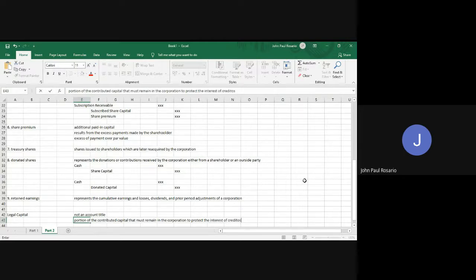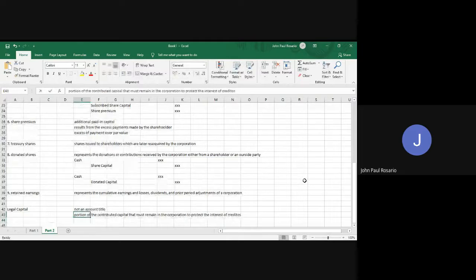So meaning, the formula for legal capital is issued share capital, you add your subscribed share capital, issued shares of stock.